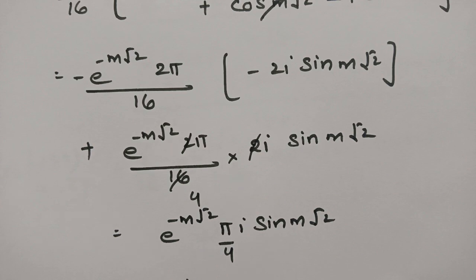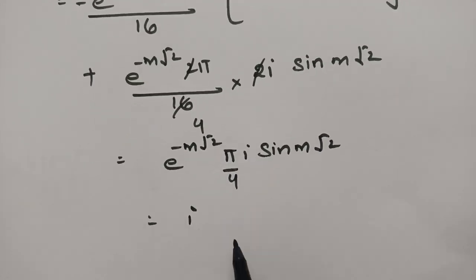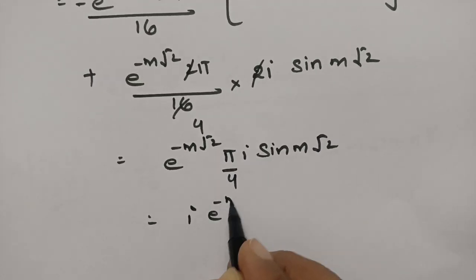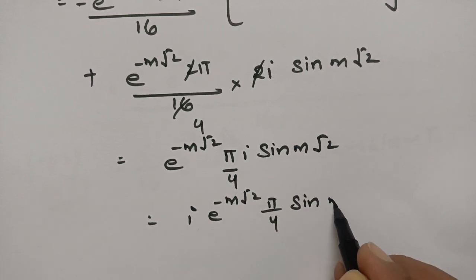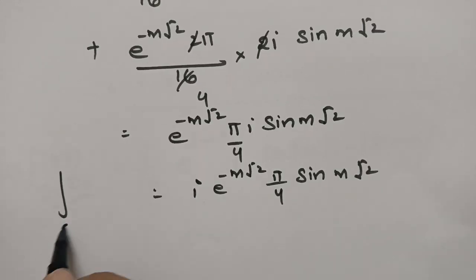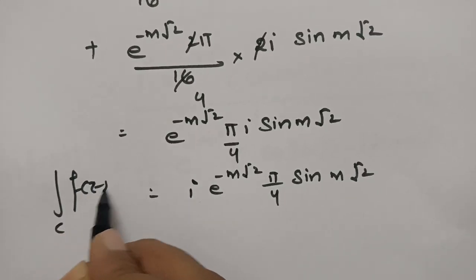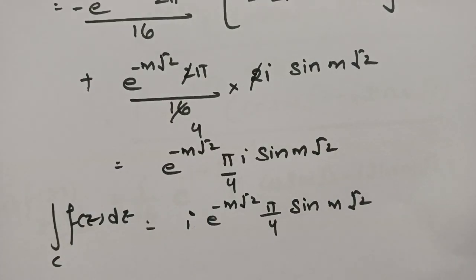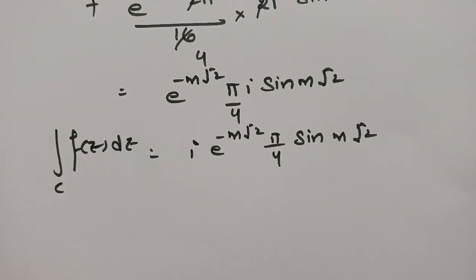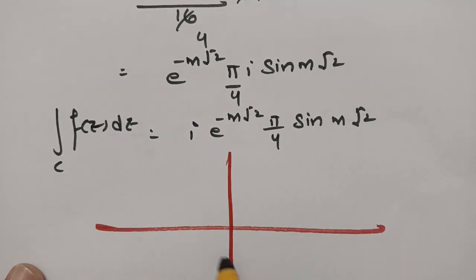So this can be written as I times e power minus m root 2 times pi by 4 times sine of m root 2. So this is nothing but the total integral of f of z dz according to our function. This is the integral over C of f of z dz. So what is our integral? This total integral is nothing but the closed contour.